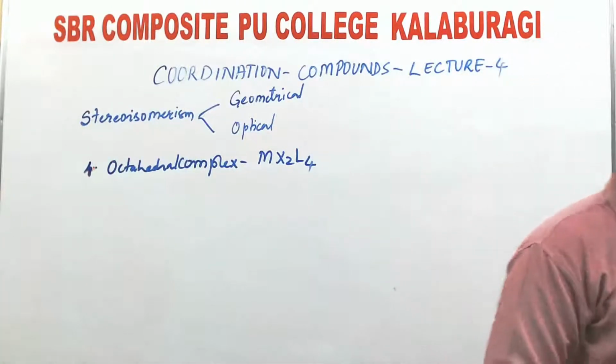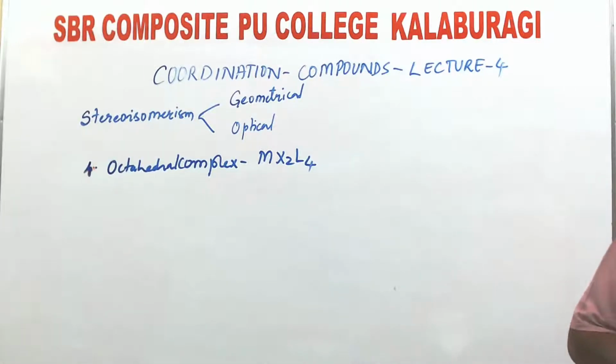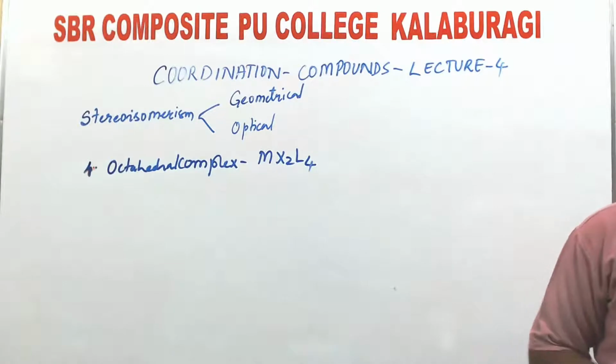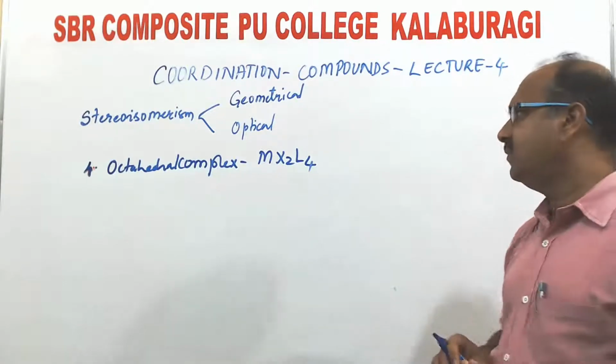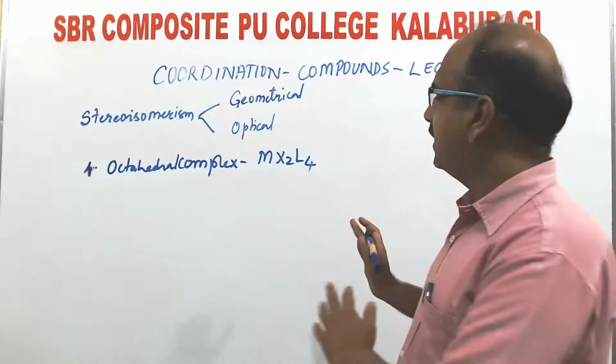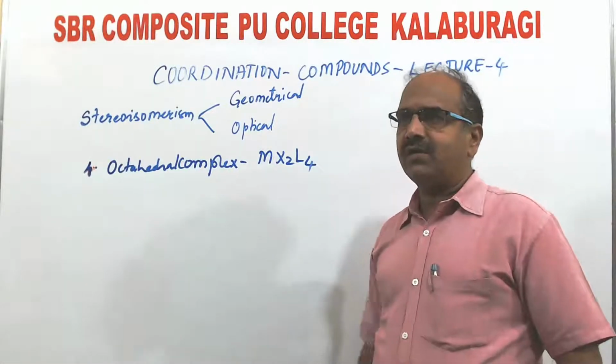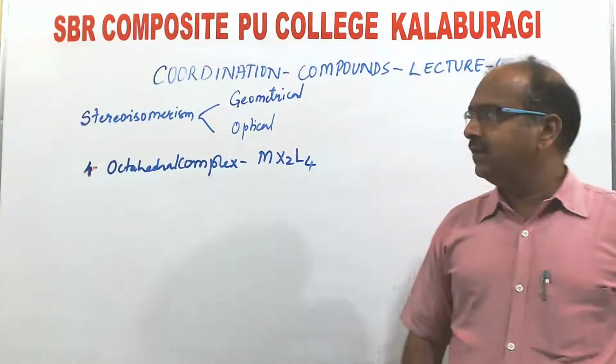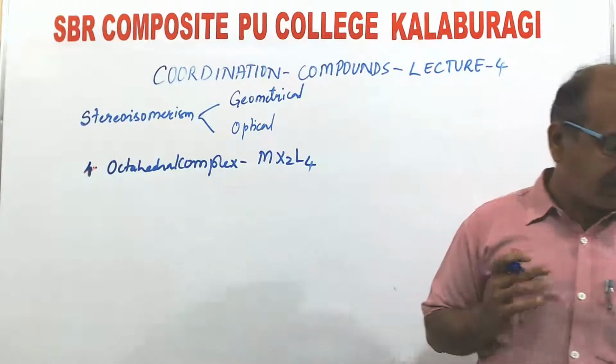MX2L4 type of the octahedral complex, which has got two ligands X, and they are oriented in the cis and trans form. L shall be present in whatever other positions are available. So it will be an octahedral complex.